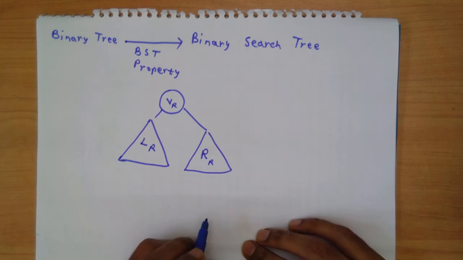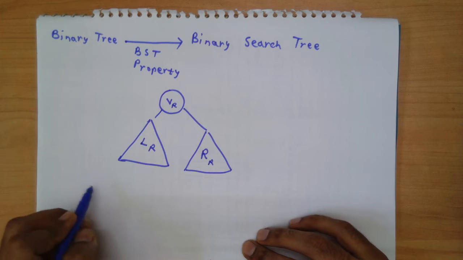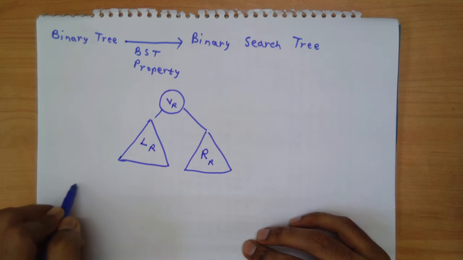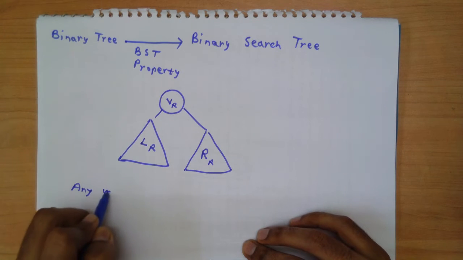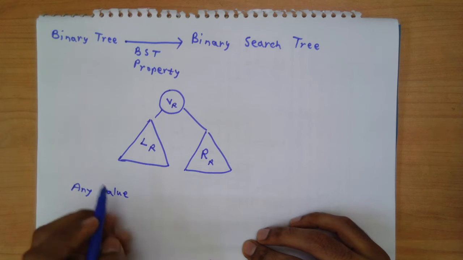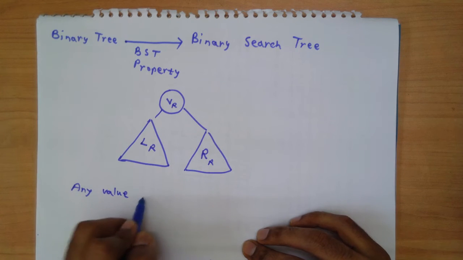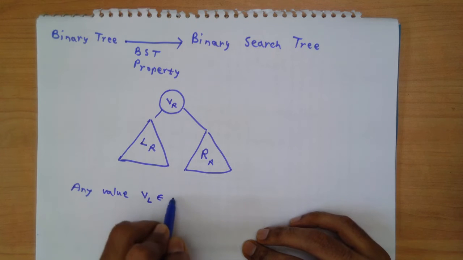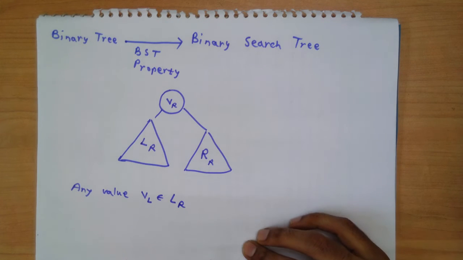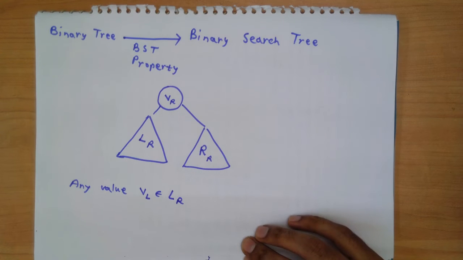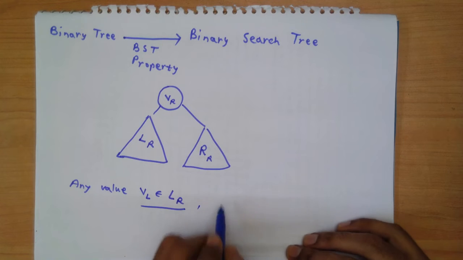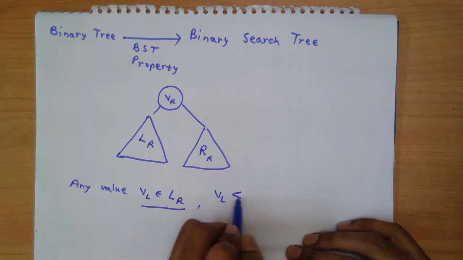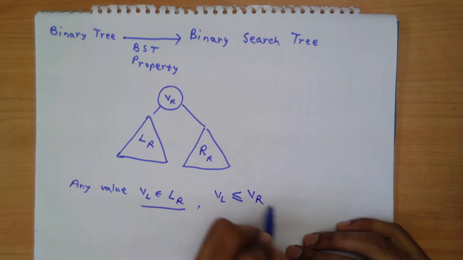What I expect is that any value, let's call it VL, that belongs to the left subtree of the node should be such that VL is less than or equal to VR.